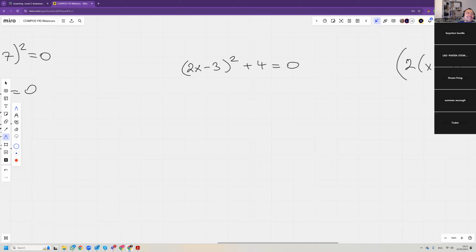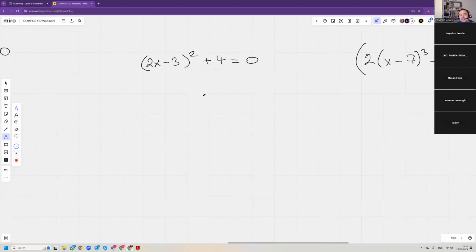Okay, so sorry, lots of stuff. So looking at the second one, can somebody help me with that? Yeah, it is no real solutions. How come? Because this is a non-negative number, so this is greater or equal 0.